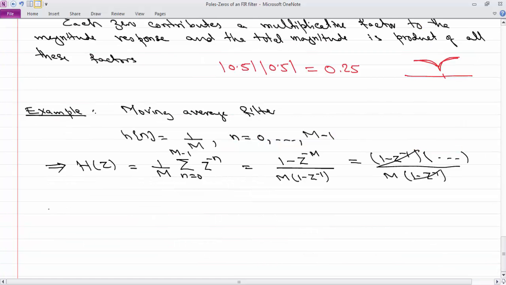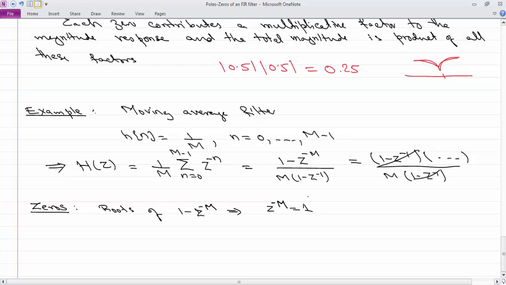So looking now at the zeros, the zeros are the roots of 1 minus z to the minus m, or effectively the values of z for which z to the minus m equals 1.